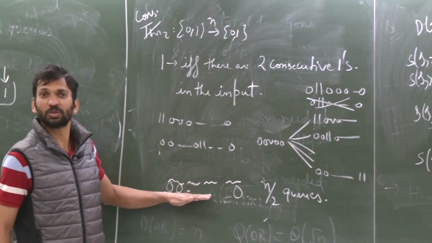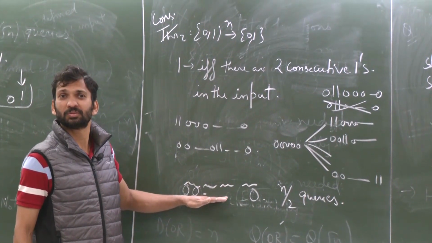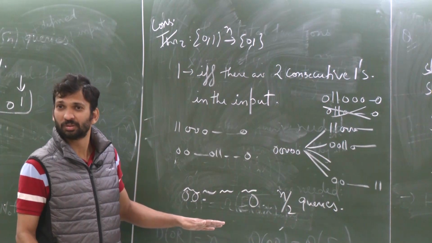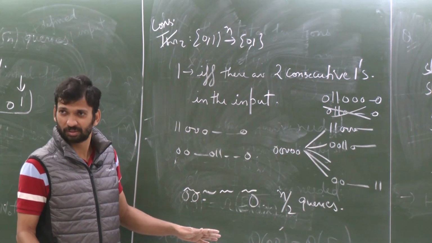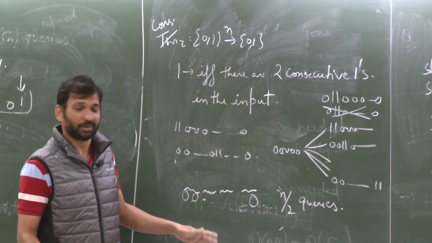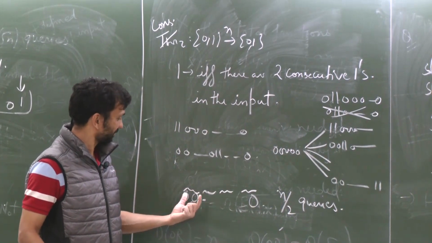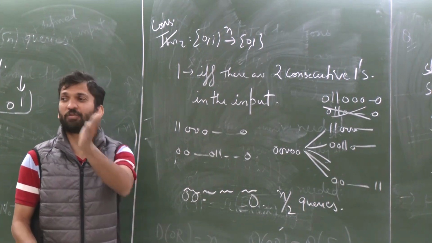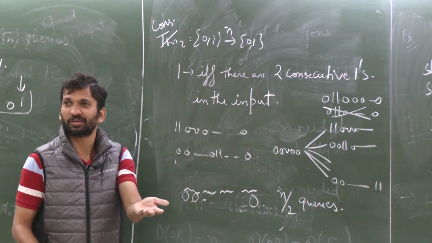What is the sensitivity at all 0? 0. Right? Correct? Okay. What is the sensitivity at a single one? Just 2. You can either flip the one afterwards or the one before that.